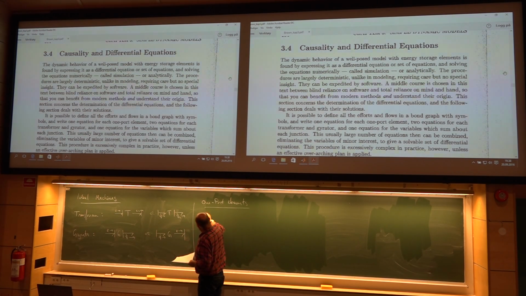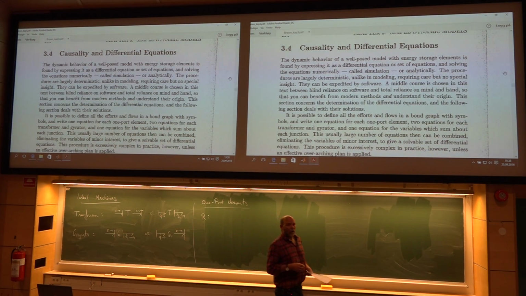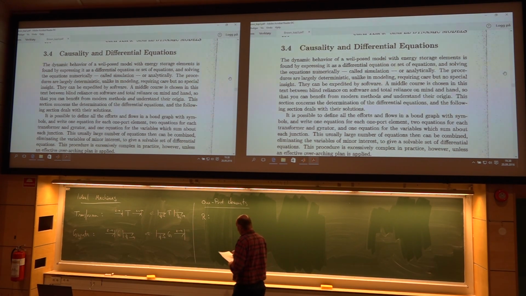Let's start with the resistance element. Both will be quite okay. He doesn't care whether the stroke is to the left or to the right. So what should we say? Both versions are okay.